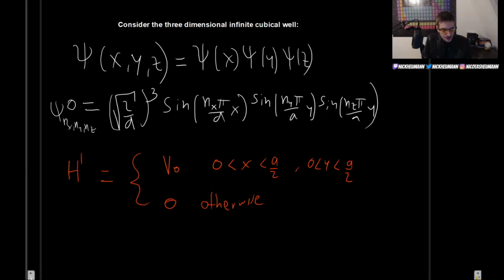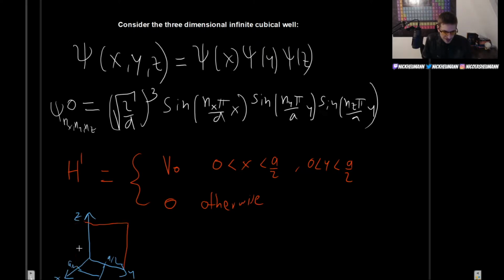And maybe I can try to make a sketch. I'm not much of a sketch artist, as you might guess. So this is going to be the Z direction, X and Y. And maybe we can say that this is a over 2 and this is a over 2. And this is a. Maybe I'll use a different color here. So the well itself is going to be a cube.